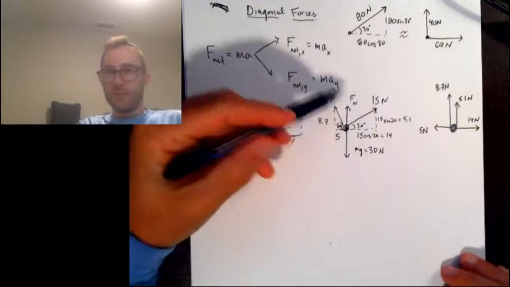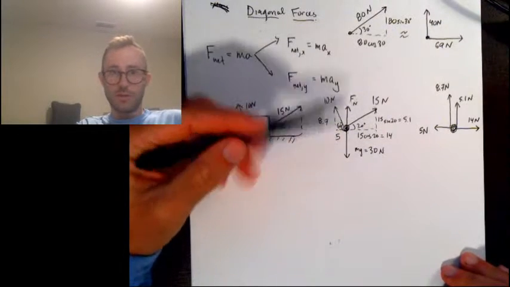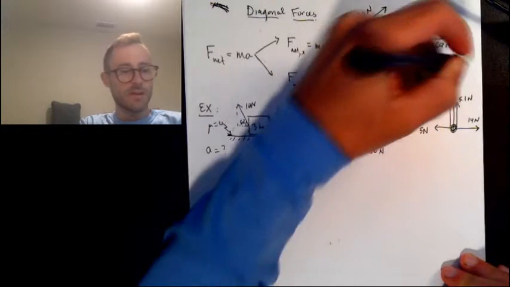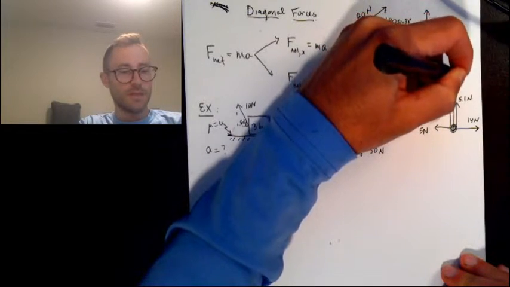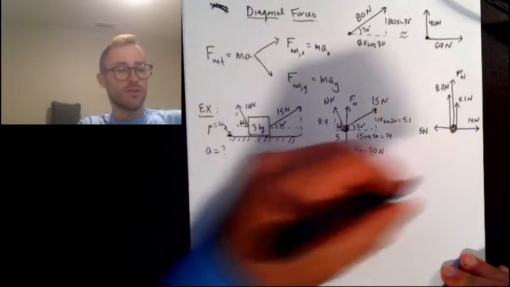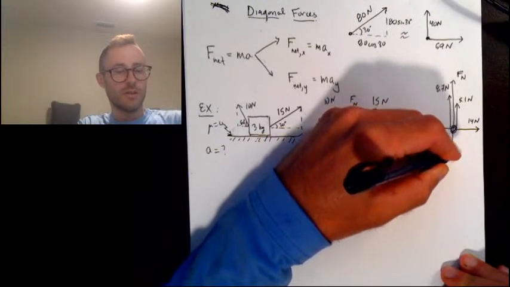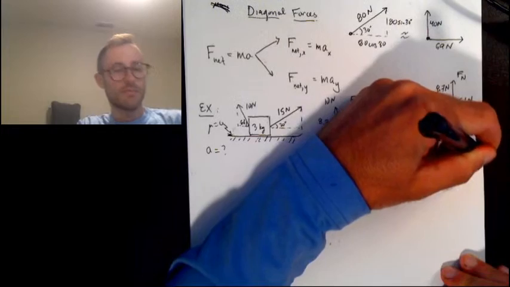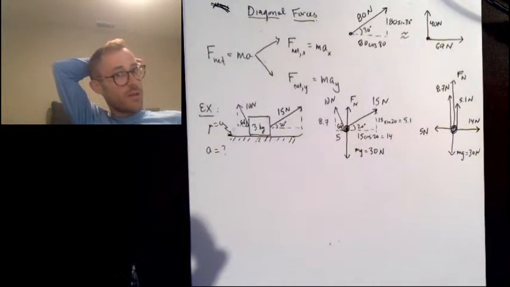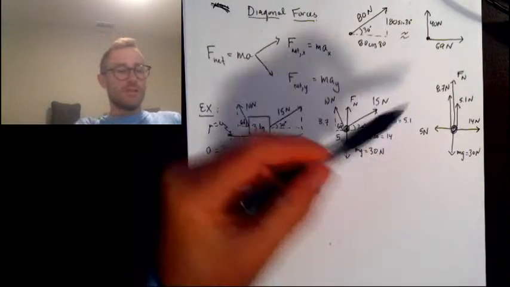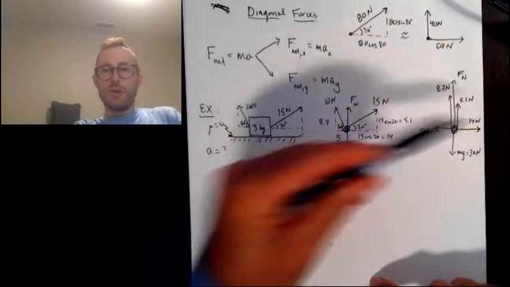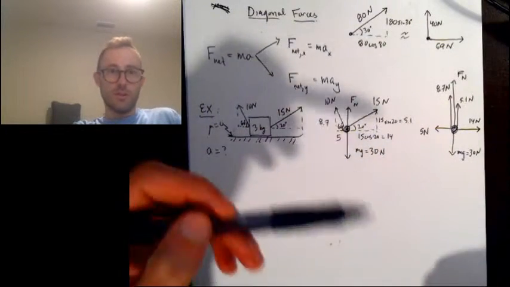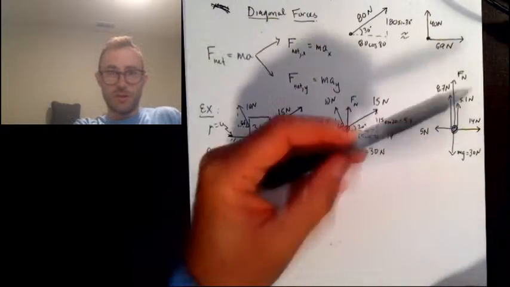And then I have the forces that are already vertical or horizontal. So I have the normal force here, and I have the weight force, mg, going down. Okay, so redrawing the free body diagram like this makes it very simple because it's easy to tell what the net force is in each direction.